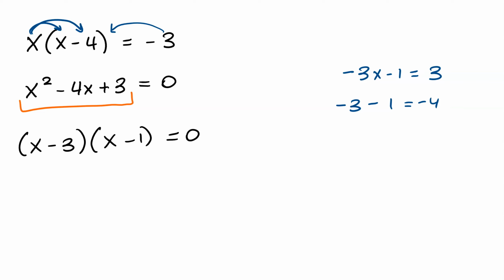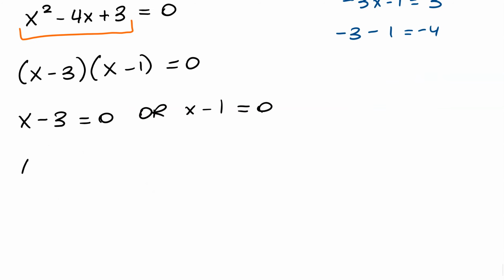And now again make each bracket equal to 0. So x minus 3 equals 0, or x minus 1 equals 0. And now I solve. So x equals positive 3, or x equals 1. And these are my two solutions right here.